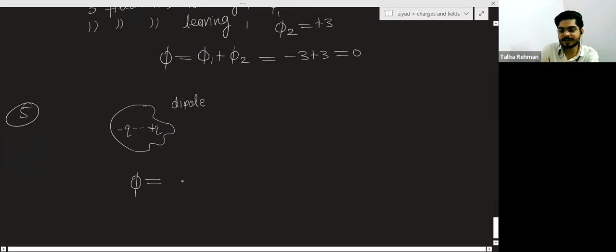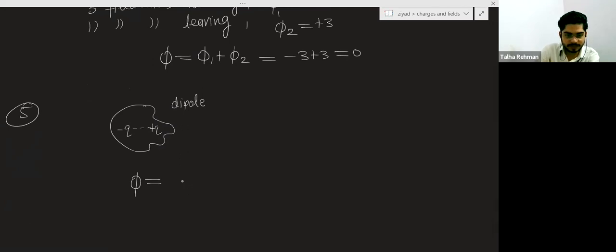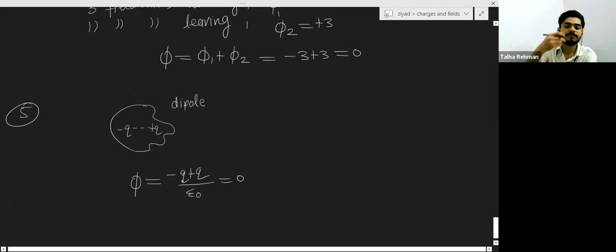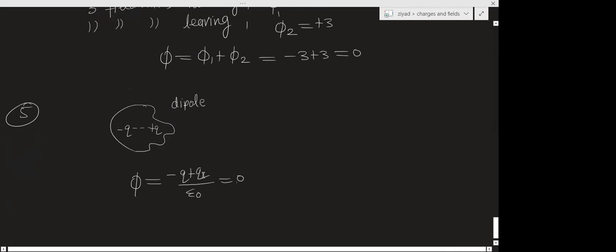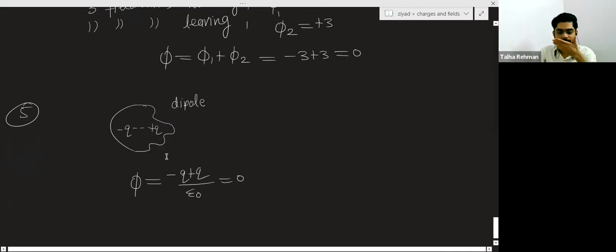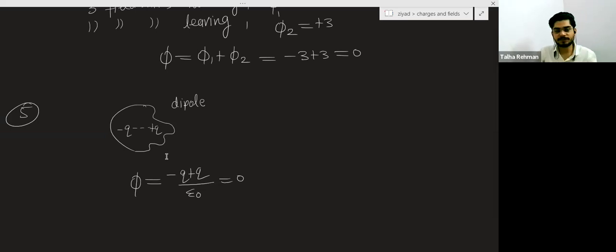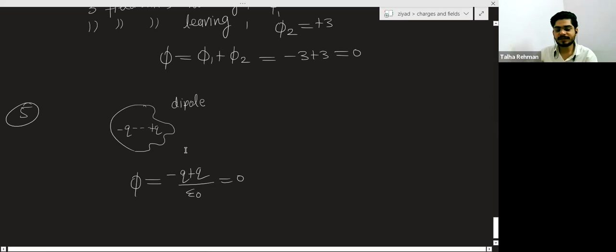Total charge contained inside. What is the total charge? Minus q plus q, divided by epsilon naught. This will become 0 because this quantity is 0. So if you have a dipole inside the sphere or inside any closed surface, then the total or net electric flux will be 0.